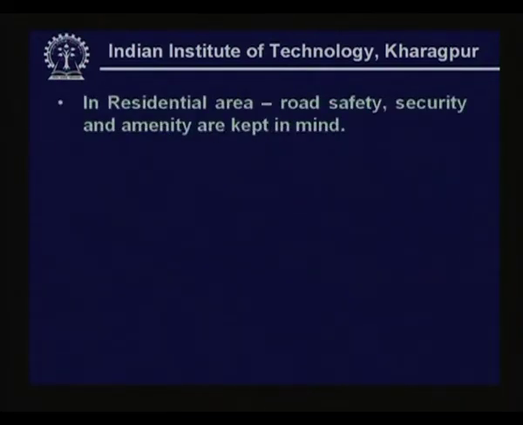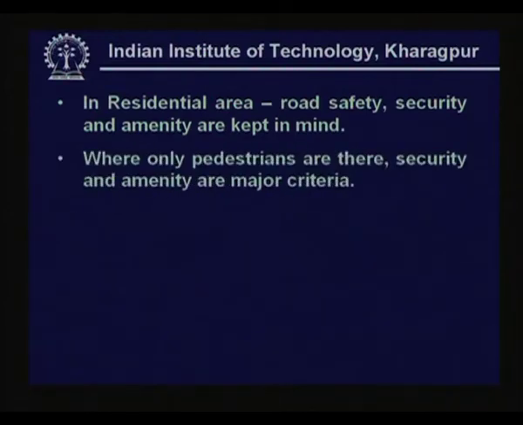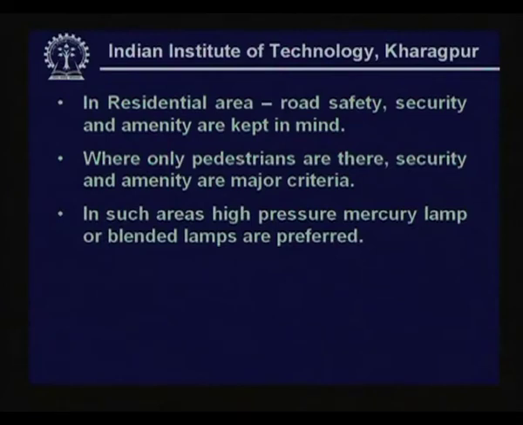In residential areas, road safety, security and amenity are kept in mind. Here, the major issue is that pedestrians are there, and their security and comfort become very important. In such areas, high pressure mercury lamps or blended lamps are used.